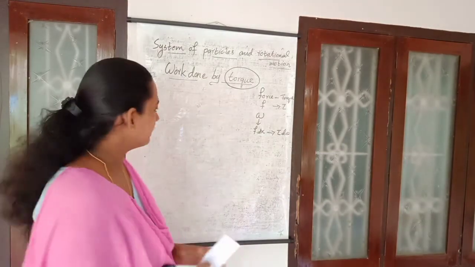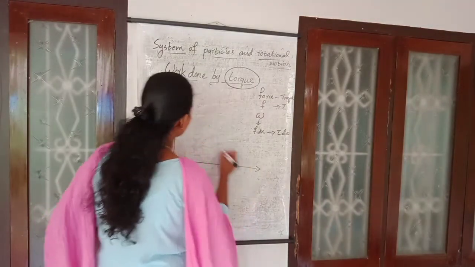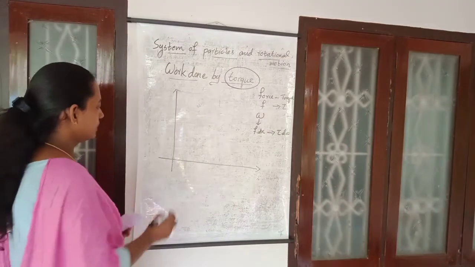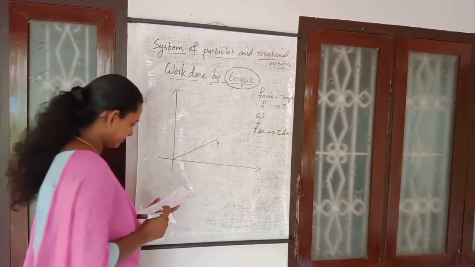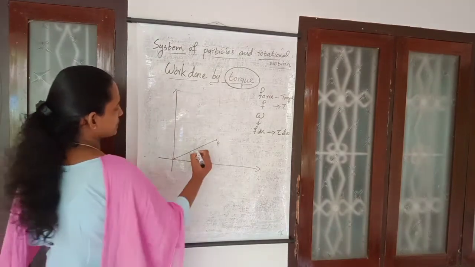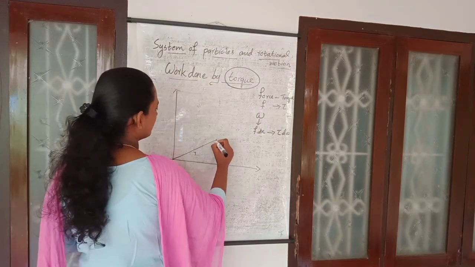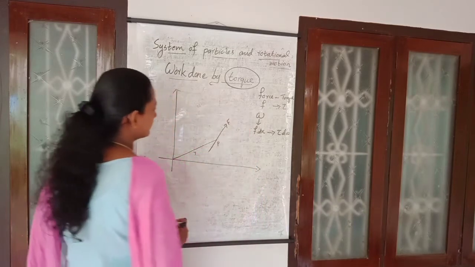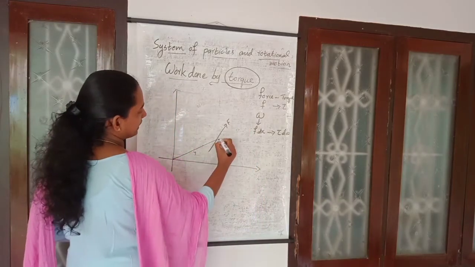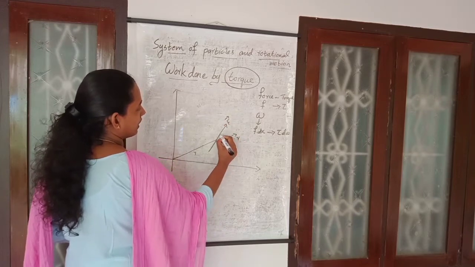So how do we get the derivation? It is given in your textbook. Suppose we are considering a particle at this point P with position vector r, and on this particle a force F is acting like this. This force F and the position vector make an angle alpha.